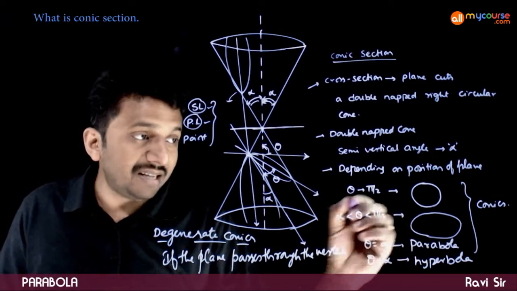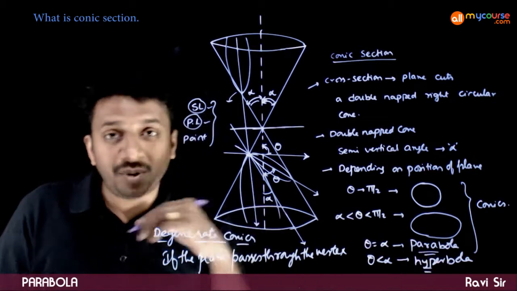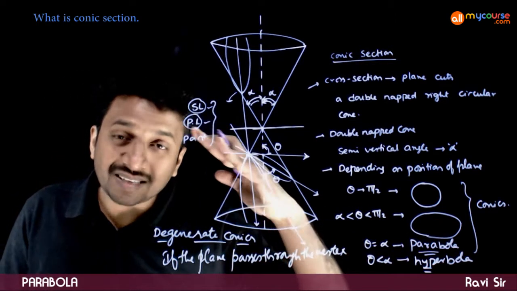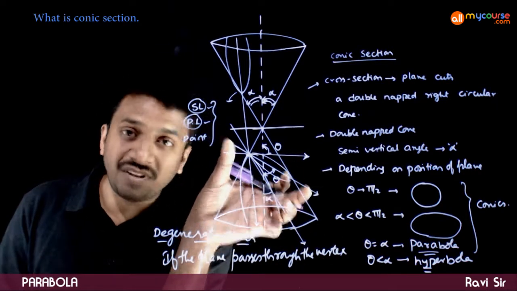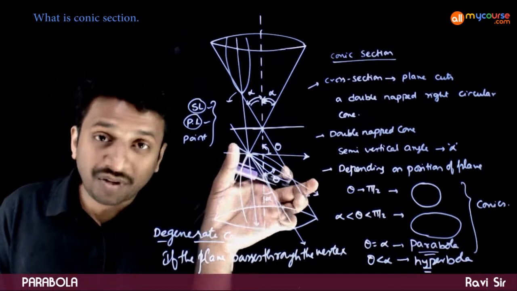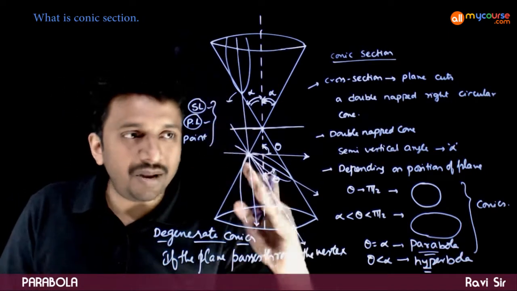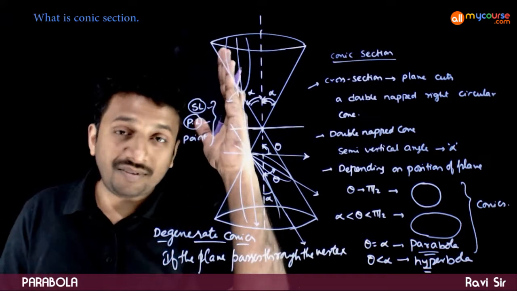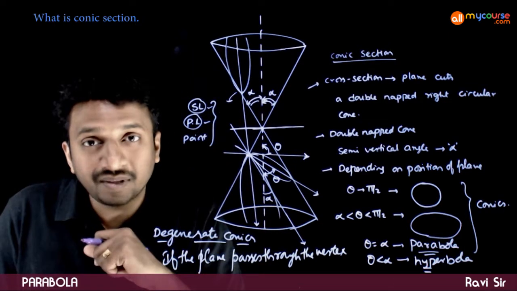Ellipse comes when the plane is slanting, but it cuts both the edges of the cone. Parabola comes in a very special case where the plane is parallel to the edge of the cone. And hyperbola if the plane cuts both the naps of the cone.